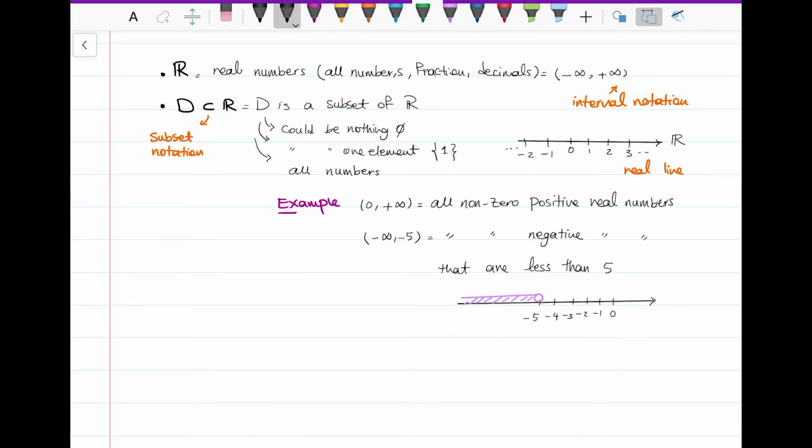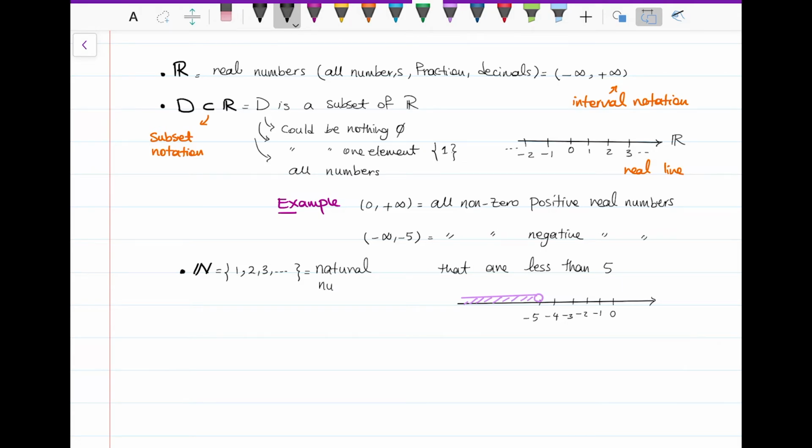Another notation that we are going to use a lot would be the notation for N. What is N? It is the set of all the numbers 1, 2, 3, 4, 5, all the positive integers. They are called natural numbers.